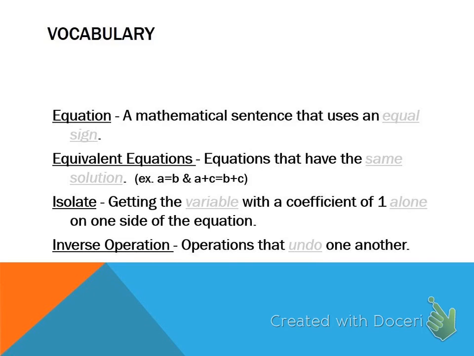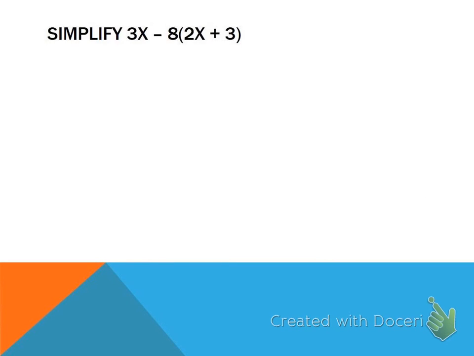We isolate variables by using inverse operations. Inverse operations undo each other, right? The inverse operation of addition is subtraction. The inverse operation of multiplication is division, right? And that's what we're going to use to help us isolate a variable.